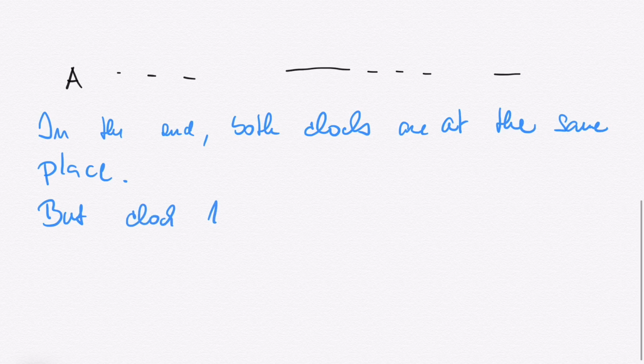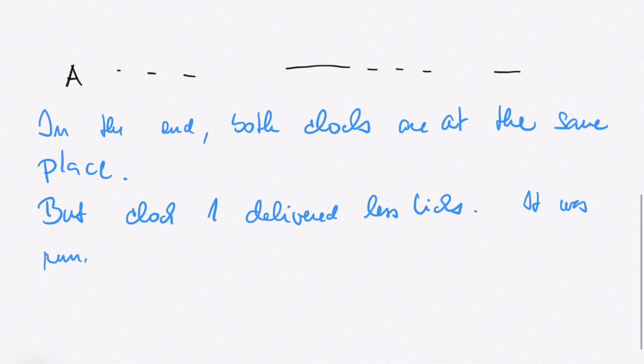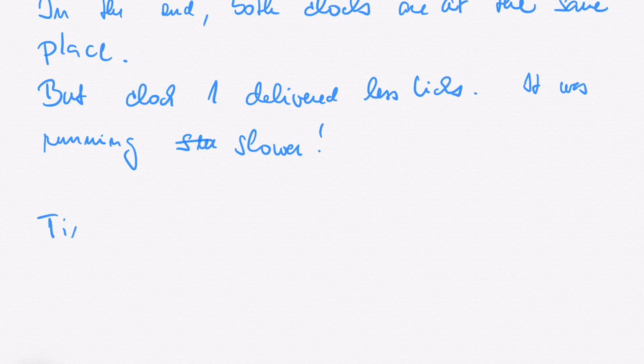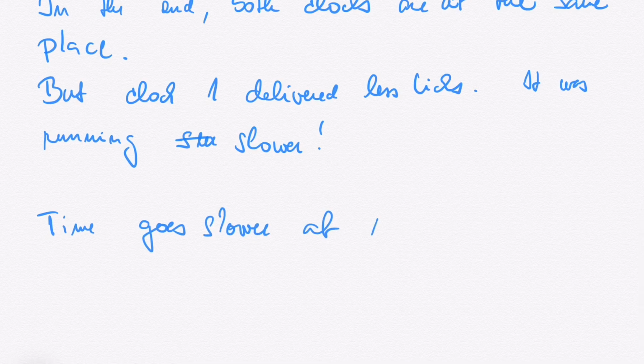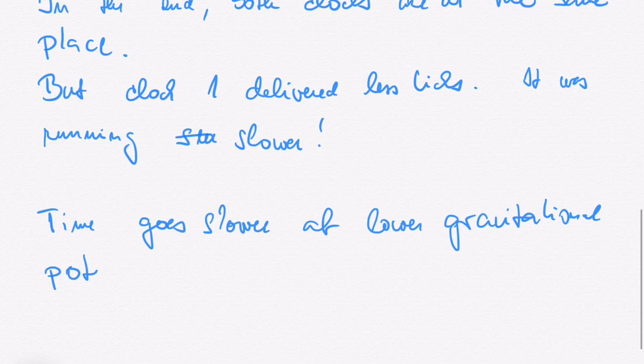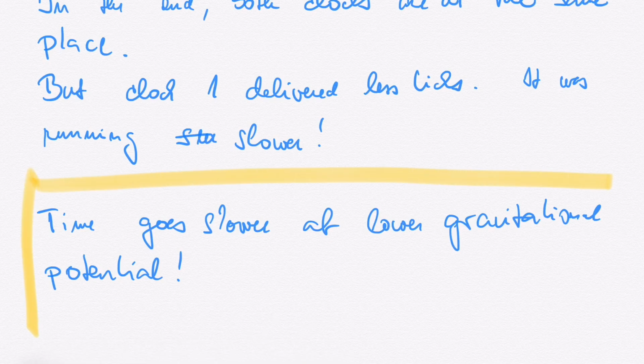That's the correct way to put it. So clock 1 delivered fewer ticks. It was running slower, and it was running slower because it was sitting at lower gravitational potential. So it really shows that time goes slower at the place with lower gravitational potential.